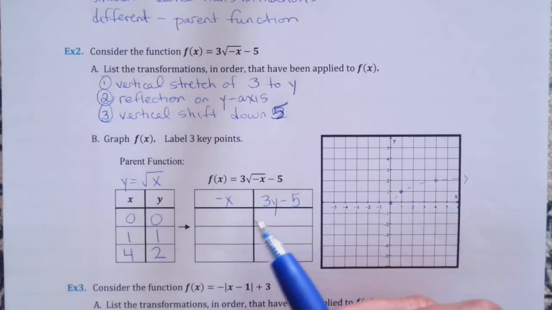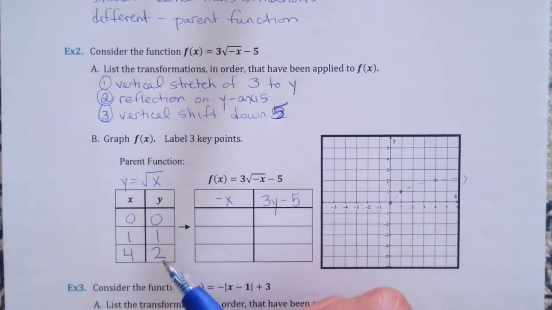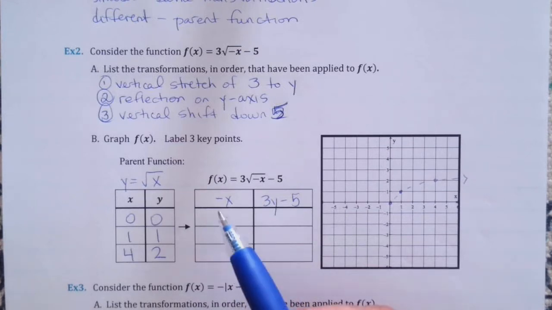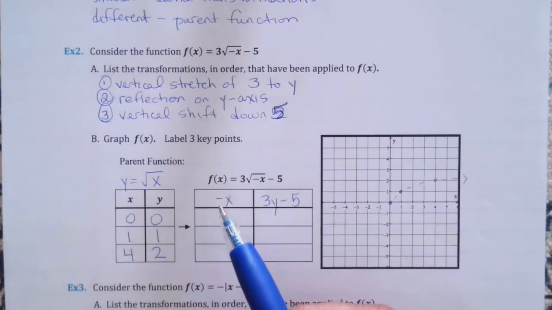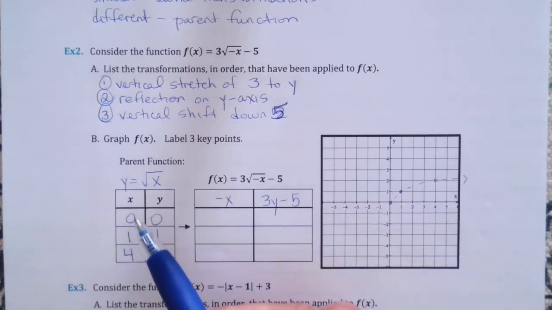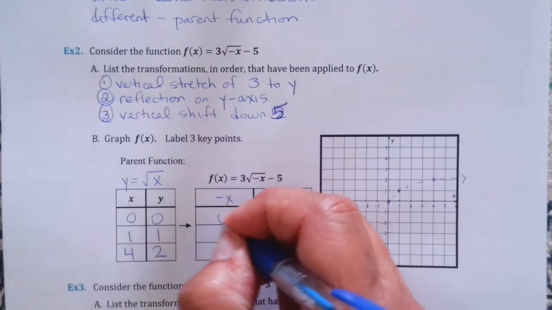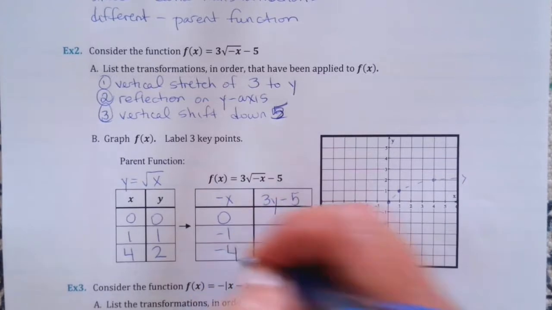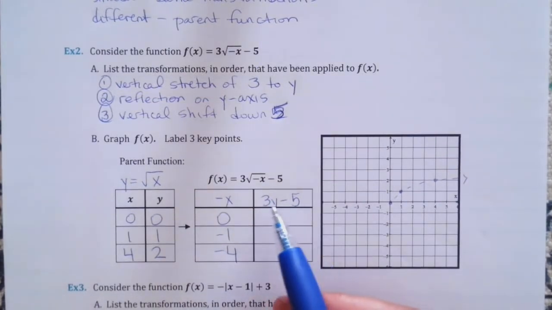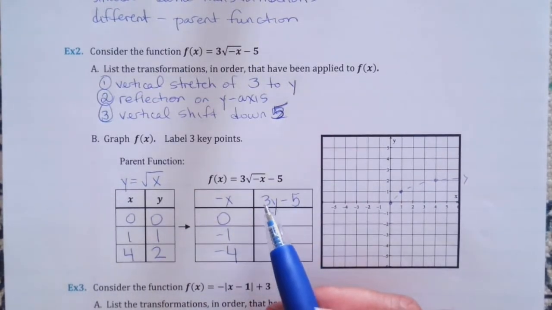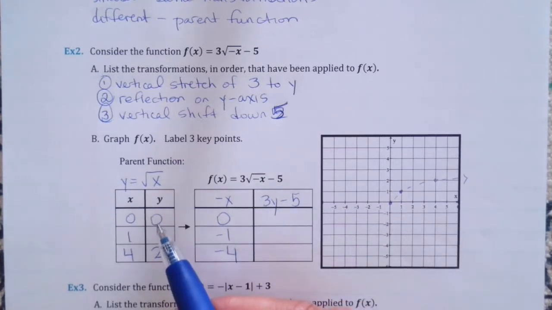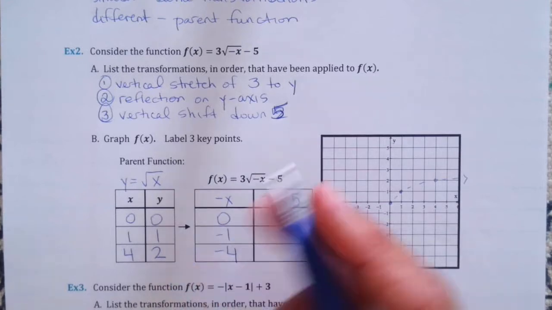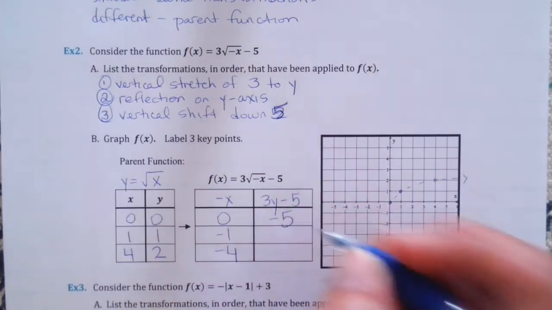So now, if you have that, and you know your parent function table, then all you have to do is work these problems out using these numbers. This says take the opposite of x. So take these numbers, take their opposites. And that's it. For y, you have to do a little work too. For each y, you're going to multiply by 3 and subtract 5. So take 0, multiply by 3, which is 0, minus 5 will give you negative 5.